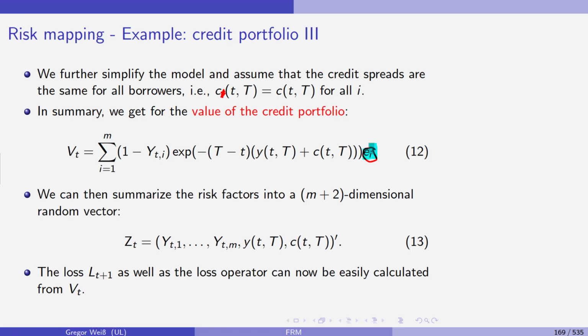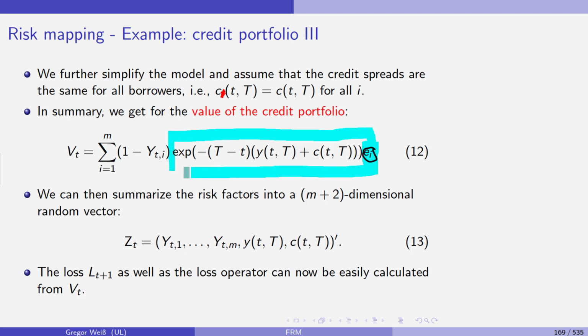So let's have a look at this. This EI is, for example, the exposure. We have given out a loan of 100. Then we need to discount the 100 euros. That's what we are using this for. But we are not simply using the risk-free rate. We need to include a credit spread, which is maybe plus 1% for credit risk. And the value is only non-zero if it is paid back.